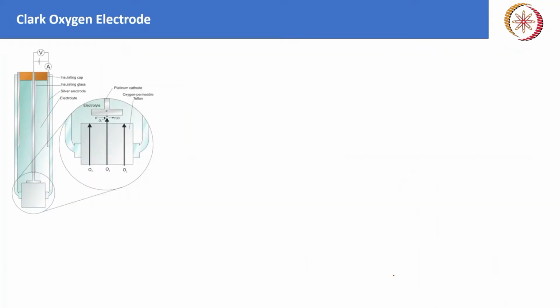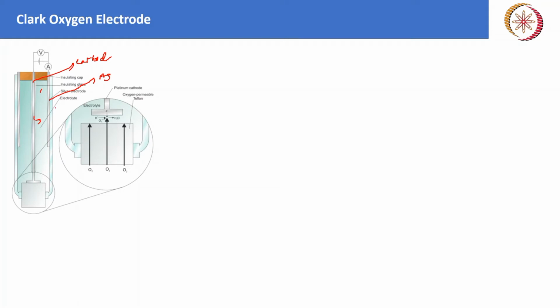In today's class we will discuss one specific electrode, which is called the Clark oxygen electrode. In the Clark oxygen electrode there are two electrodes. One is platinum, which is the cathode, and the other is silver, which is the anode.